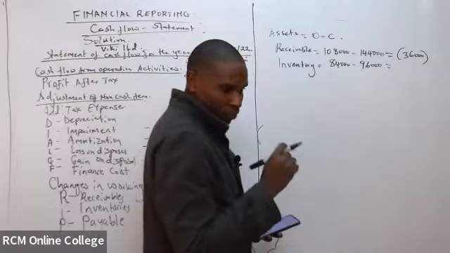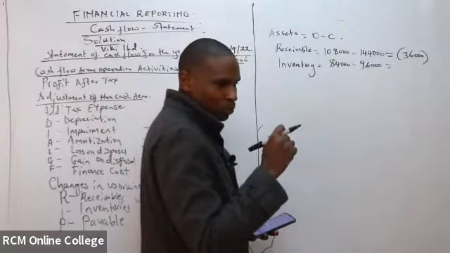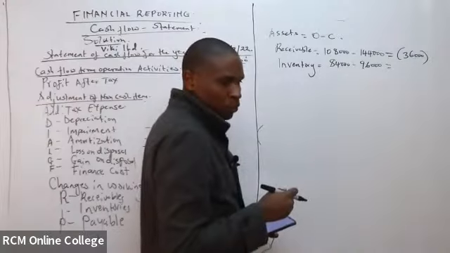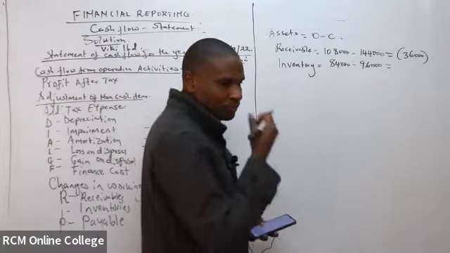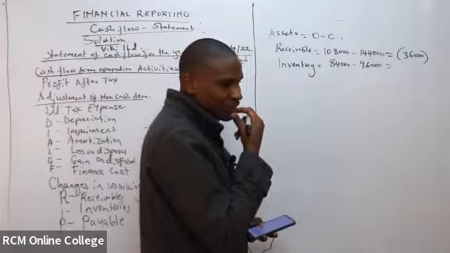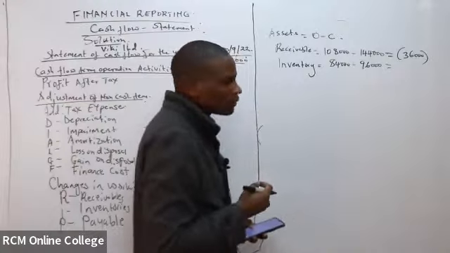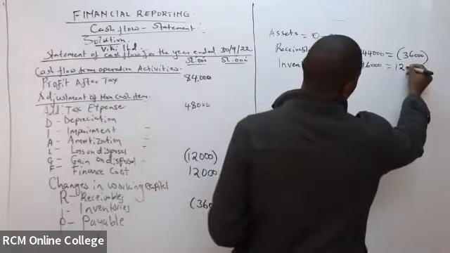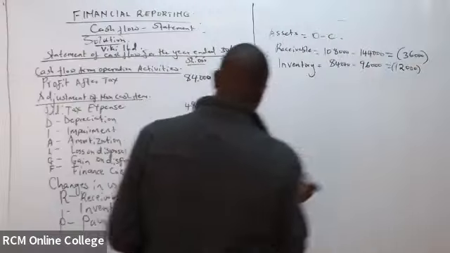This is an outflow as well. True or false? Remember we must follow that order. True or false? 12,000 negative? Is it the right answer? 12,000, and this is an outflow.